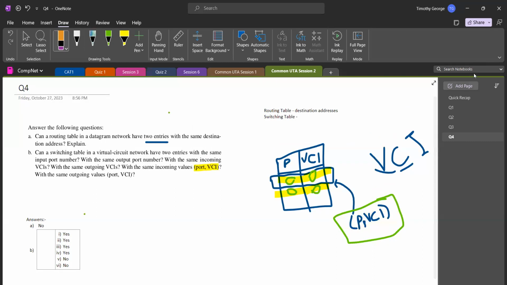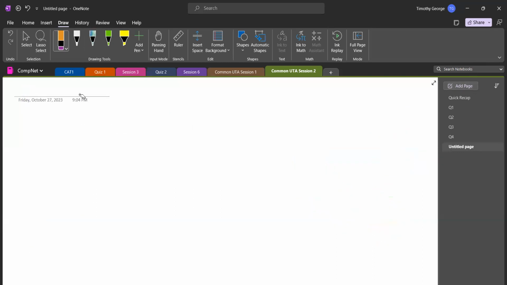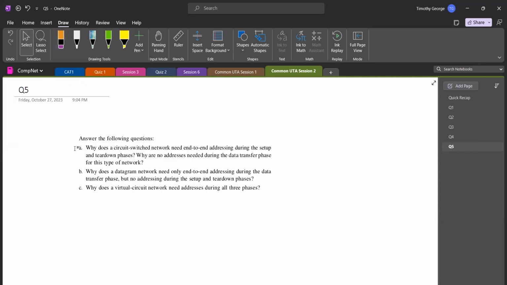Let's go to the next question, Q5. We can do another theory question, then we can solve some more problems after that.